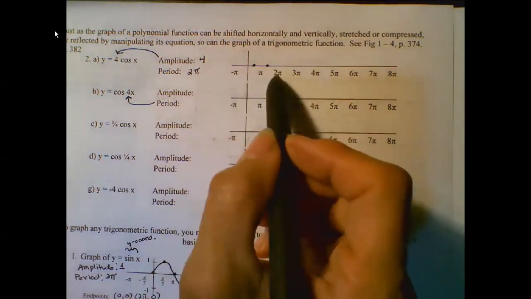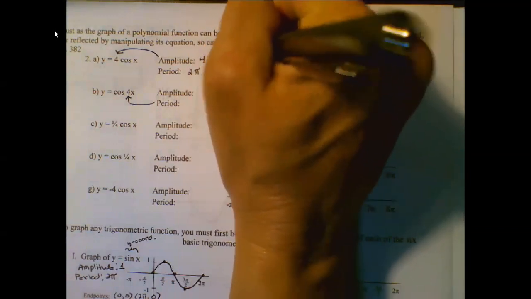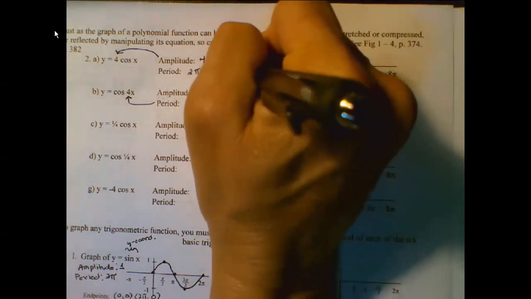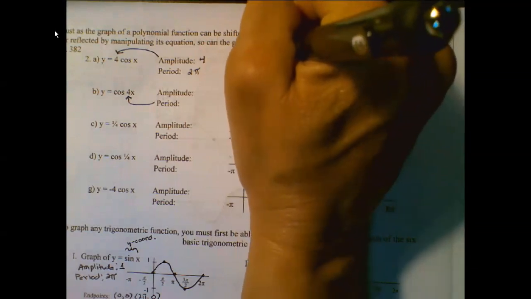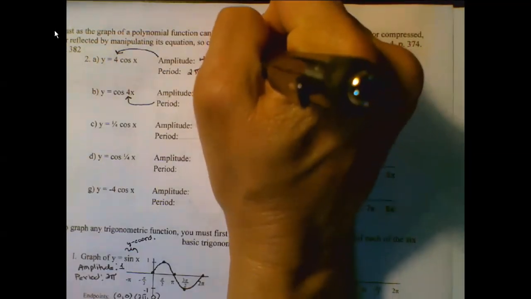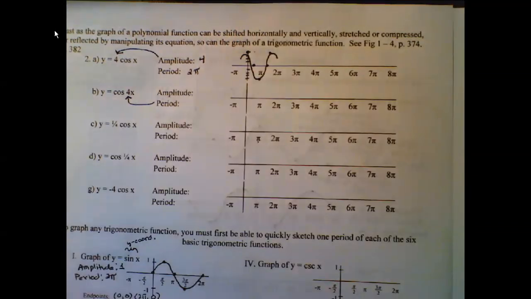At my whole pies, the graph is going to go up to 4 and down to -4 and then back up to +4. It's that same U shape as our graph we have in the summary below, but it's just stretched with an amplitude of 4 rather than 1.